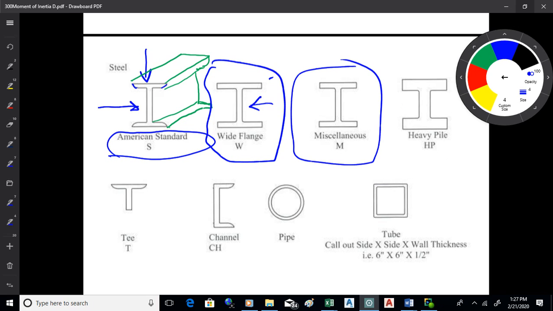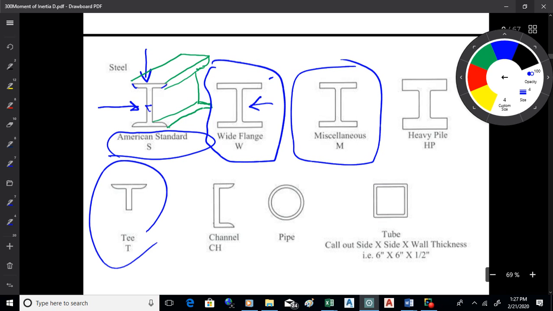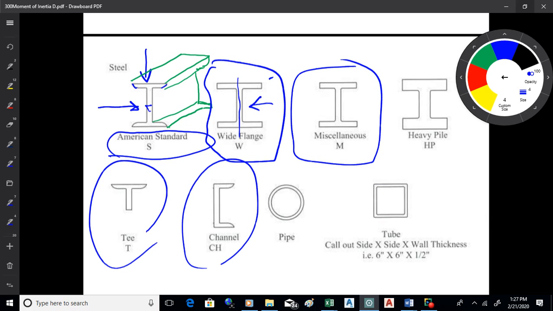Okay, then you can take standard I's and cut them in half. If you cut them across this way, you get T's. If you cut them down the length of the web there, you get channels, okay? Now, columns, you want them to be strong in all directions because columns can be loaded in any direction.